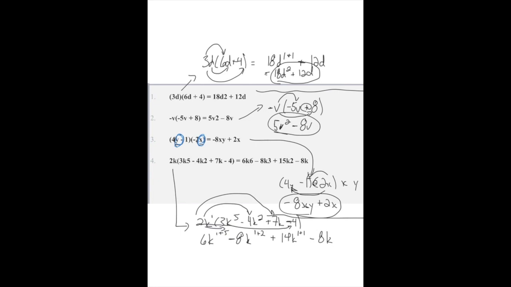So then if we go and finish up by combining our exponents to end up with the final answer, we'll end up with 6k to the 6 minus 8k cubed, or to the 3, plus 14k squared minus 8k.